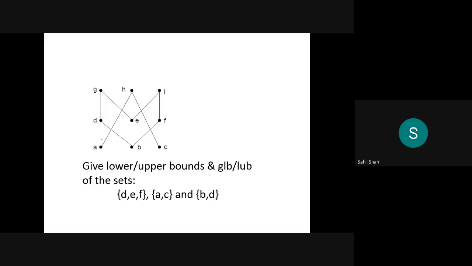For D and F, lower bound is B. For E, there is no relationship. So I cannot define any lower bound for D, E, F.